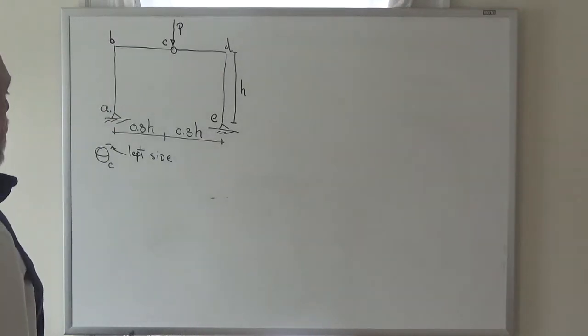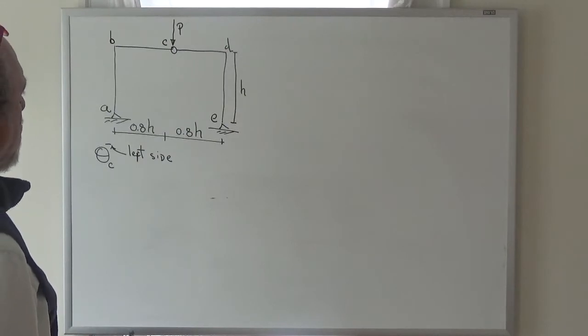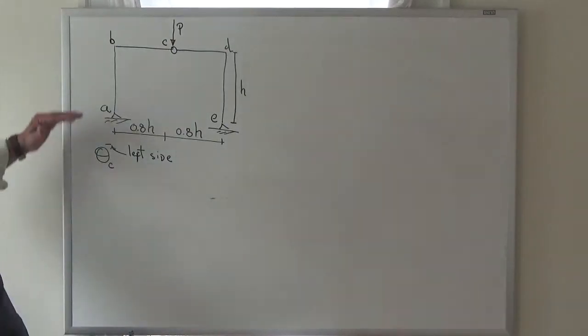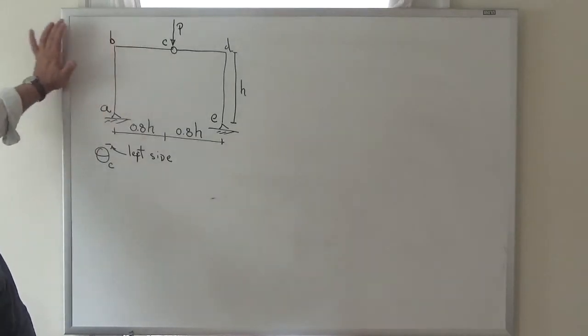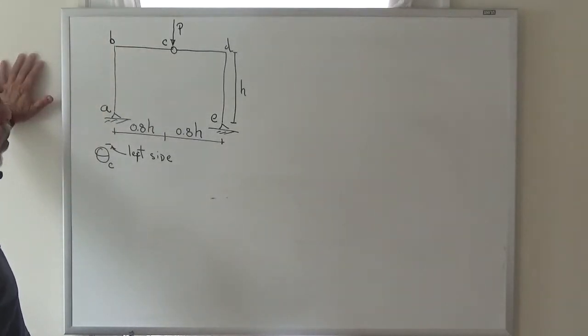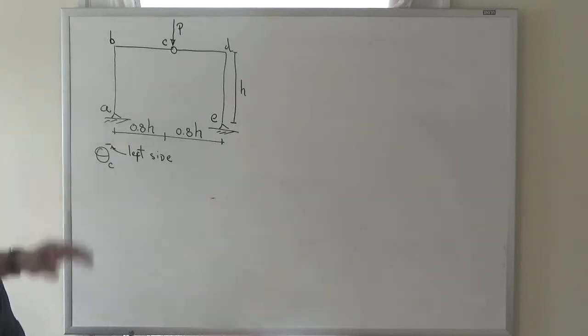Okay, so the next thing is, so this is our problem. We have a frame like this. We want to calculate the rotation on the left side of the hinge. So what do we do when we have to calculate rotation? When we have to calculate rotation, we apply a 1 kip-foot moment at the location that we want the rotation, right? That becomes our unit load diagram.